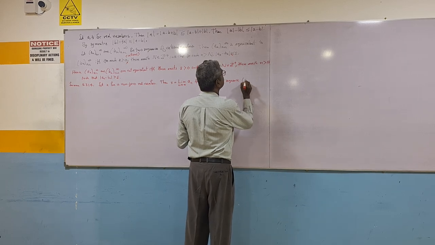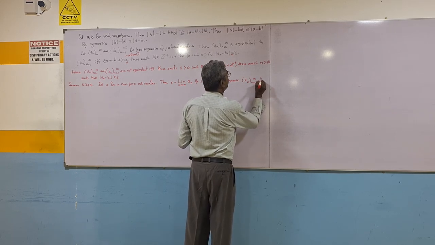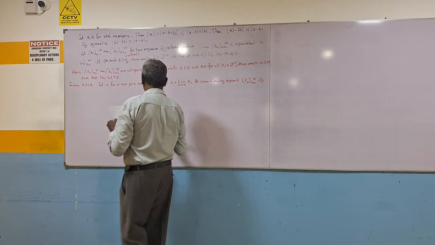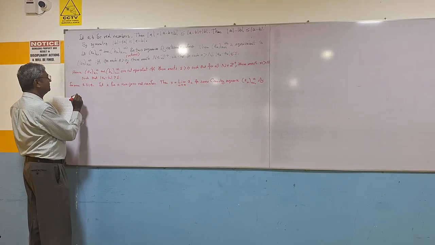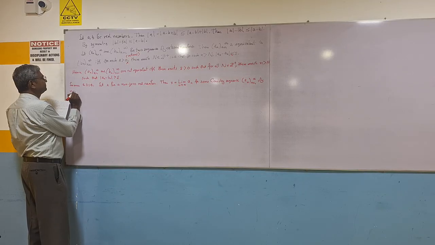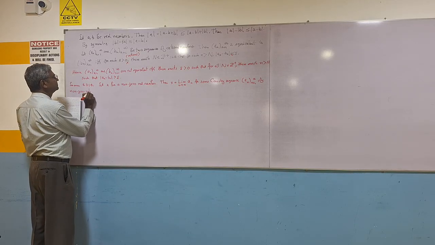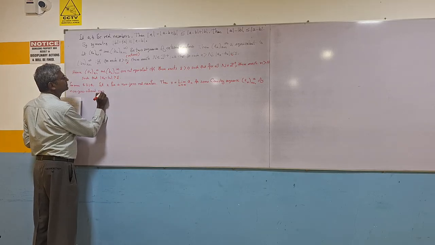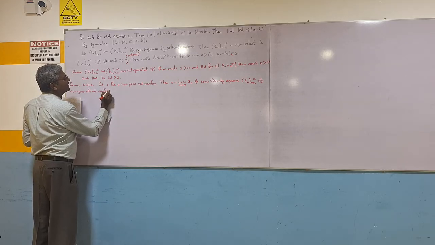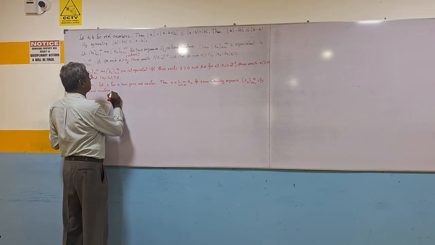A_n, n going 1 to infinity, of non-zero rational numbers, which is bounded away from 0.